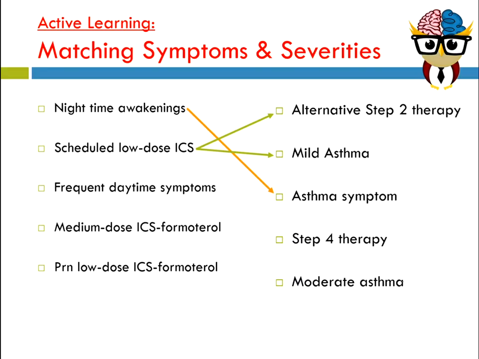Frequent daytime symptoms. Symptom. Medium dose ICS plus formoterol. Step 4, and so therefore moderate as well. Good. PRN low dose ICS formoterol. What step is it? Step 1. So it is mild. Does that make sense how all these different terminologies actually tell you something different?